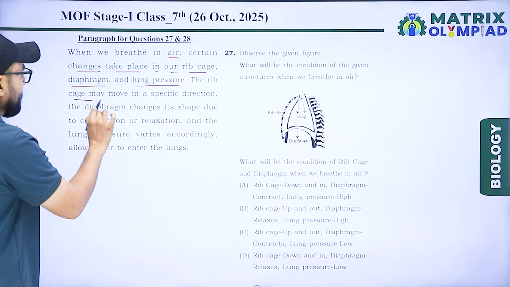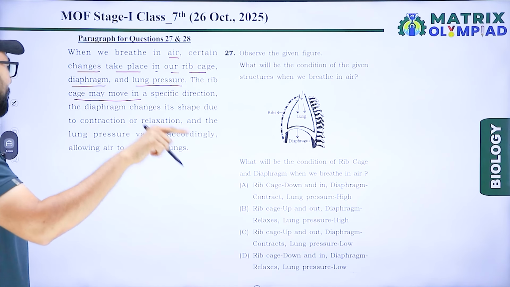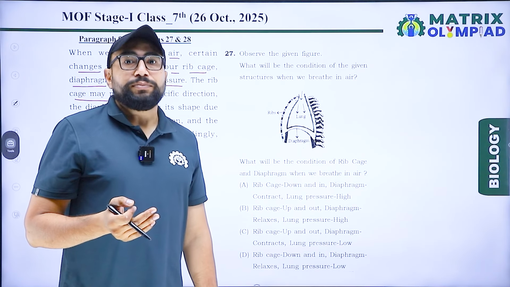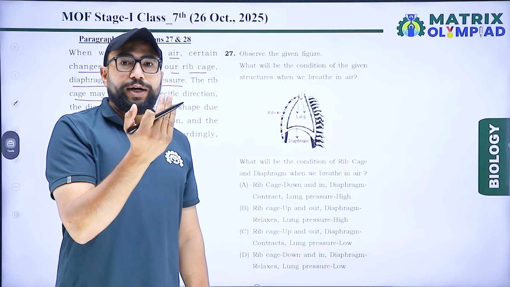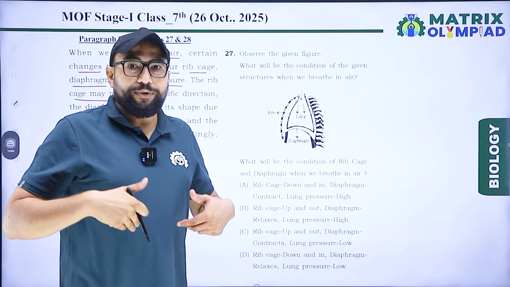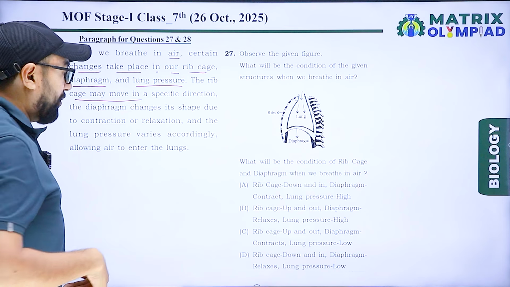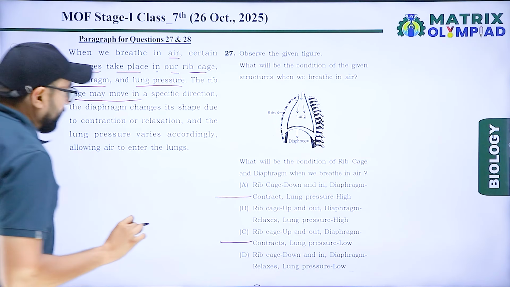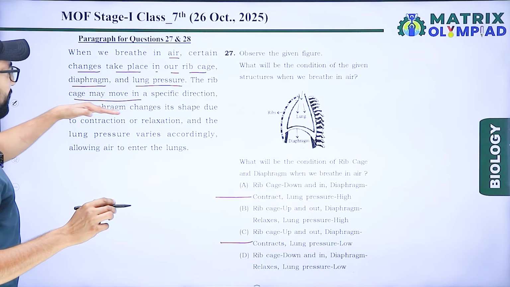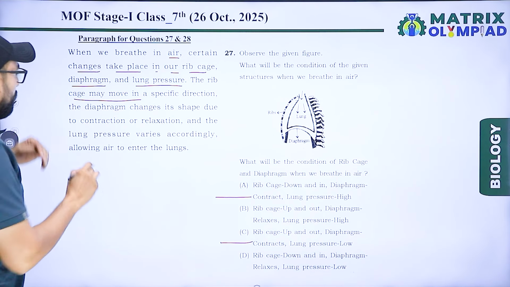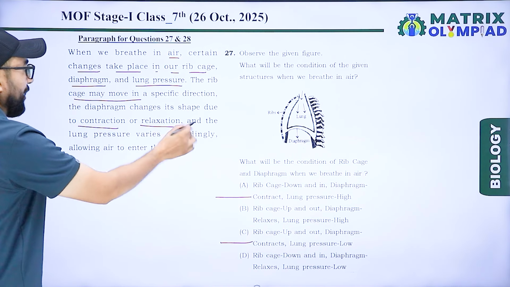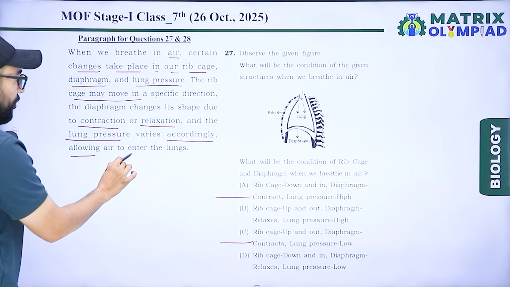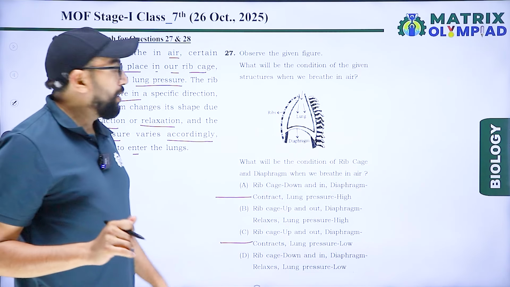During inhalation and exhalation, our rib cage moves and our diaphragm contracts. The diaphragm changes its shape due to contraction or relaxation, and the lung pressure varies accordingly, allowing air to enter the lungs.